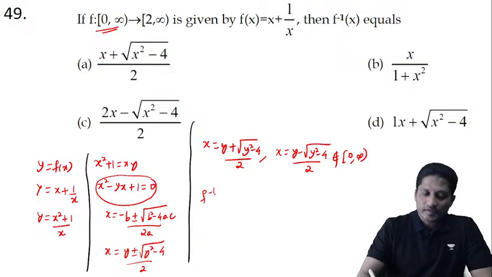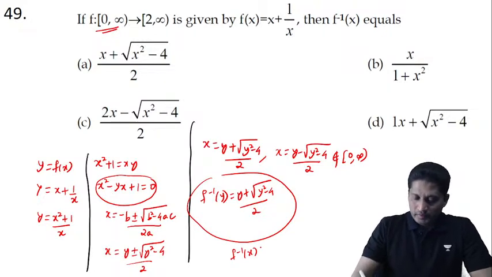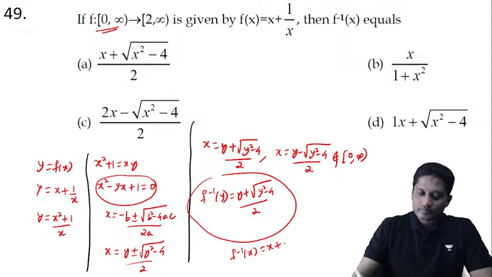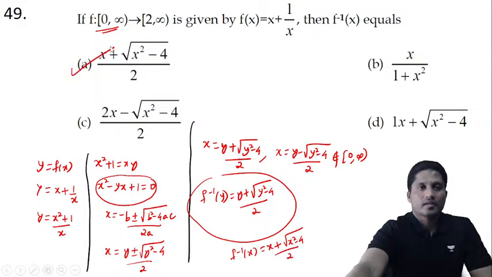Therefore, f inverse of y is equal to y plus root of y square minus 4 whole divided by 2. This is f inverse of y. f inverse of x is equal to x plus root of x square minus 4 by 2. Answer is option A. Right? Question number 50.